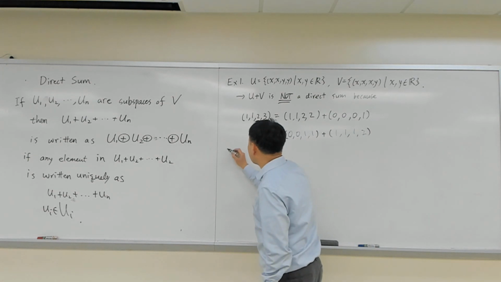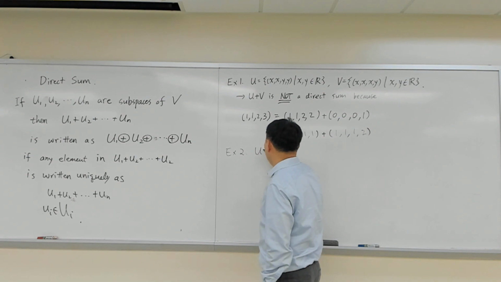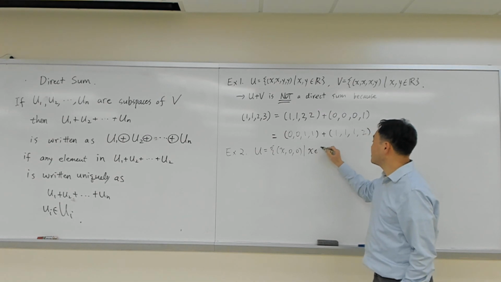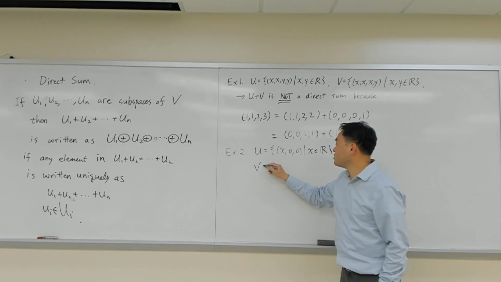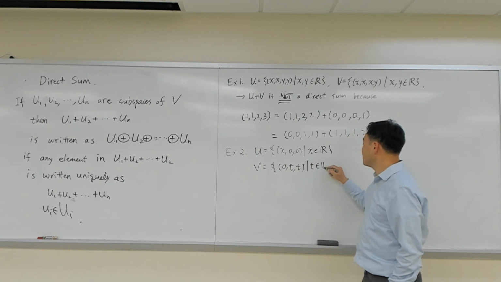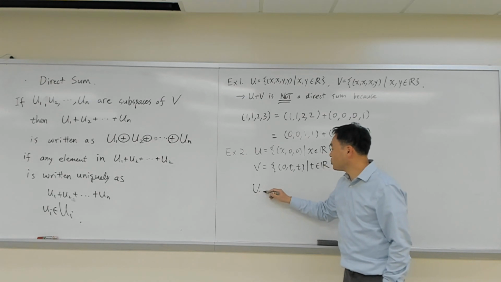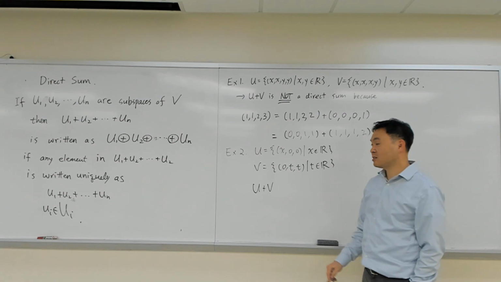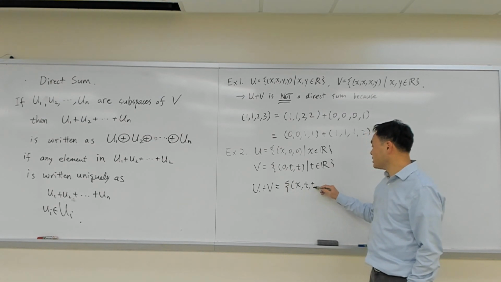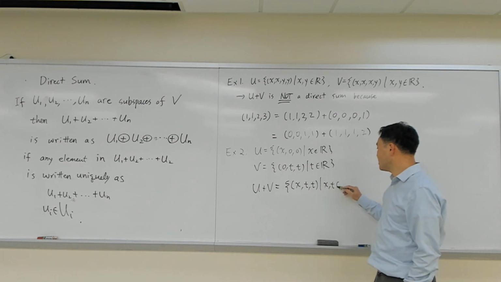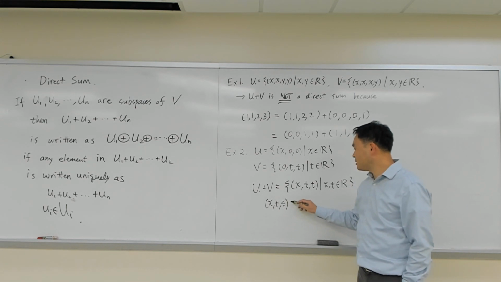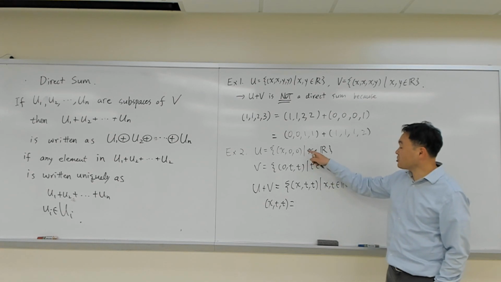Now, however, in example 2, we had this other one where U is equal to (x, 0, 0) and V is equal to (0, t, ...). Now in this case, what's inside U plus V? We wrote down that everything in here looks like (x, t). But (x, t), how do you write it as an element from here and there?